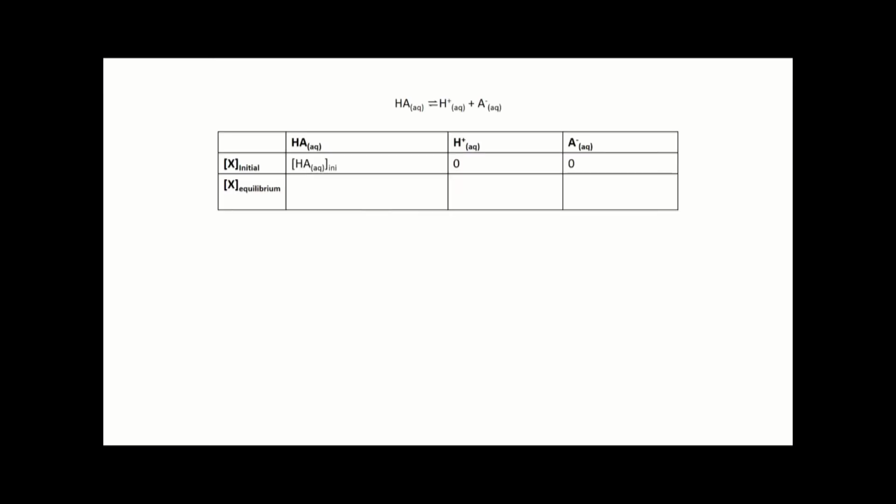So first things first, it's an equilibrium, so there's the equilibrium at the top. If you calculate an equilibrium quantity, then you usually start with, well, what do we put in? So let's start with the known quantity or concentration of the acid.